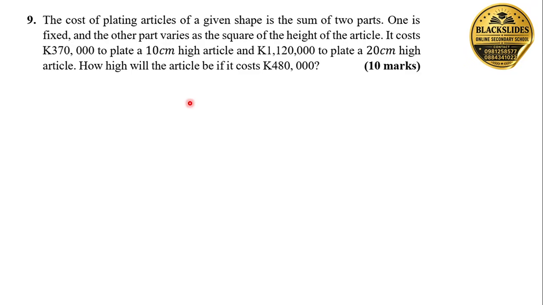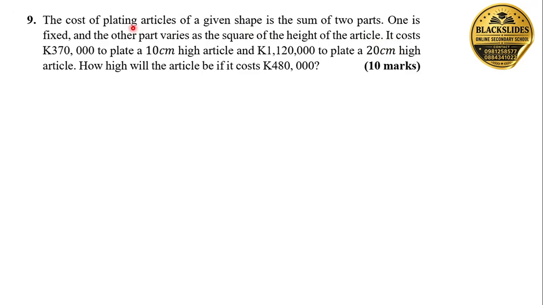Question number 9. The cost of plating articles of a given shape is the sum of 2 parts. One is fixed and the other part varies as the square of the height of the article.